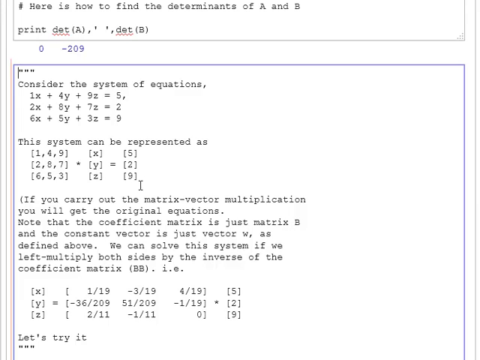Well, this becomes a matrix equation. How do you solve a matrix equation? How would you solve this if it was just a numerical equation? Here's your variable, and here's a number, and here's a number. I would take the inverse of this number. If this were 2, I would multiply it by a half on both sides. Now here we have to be careful because it matters whether we multiply on the left or on the right.